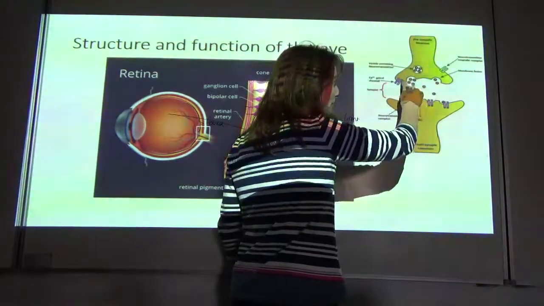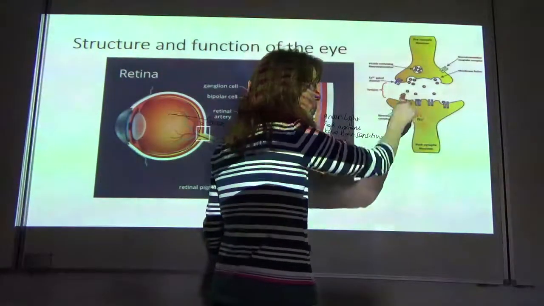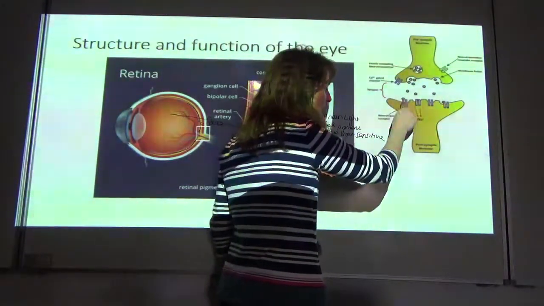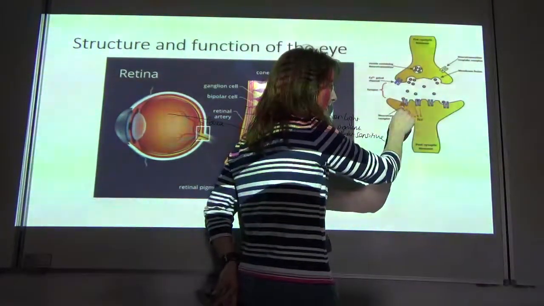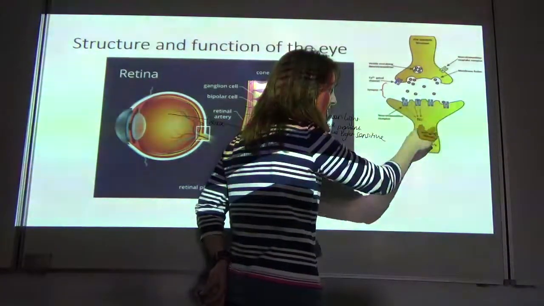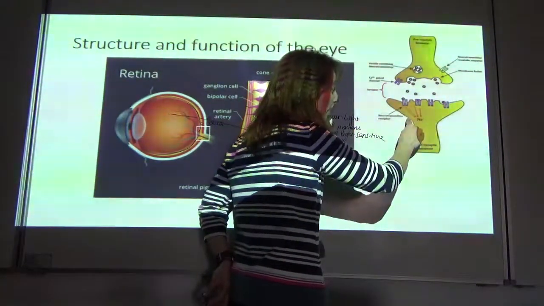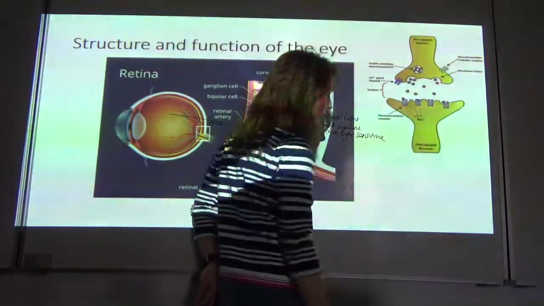As they fuse with the membrane, they release neurotransmitter which diffuses across the synaptic cleft. It binds to ligand-gated sodium channels, so basically the neurotransmitter binds to the channel protein, it opens, sodium rushes in, that causes depolarization of this membrane, which causes voltage-gated sodium channels to open, and the action potential continues.